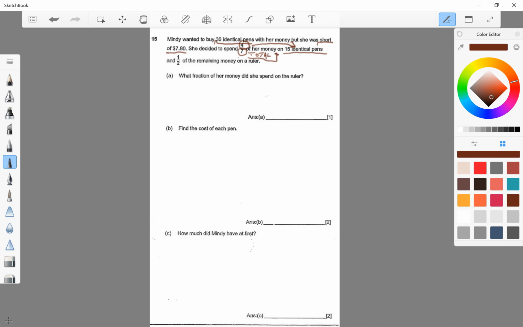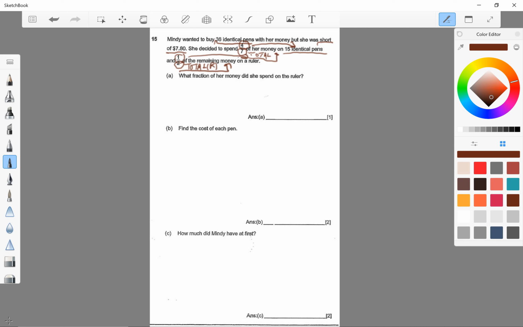And from there, they say that half of the remaining money was spent on the ruler. So the denominator 2 goes to the remaining, and I would like to call this total bracket R. Total bracket R refers to the total that belongs to the remainder, and of course my numerator 1 goes to the ruler.